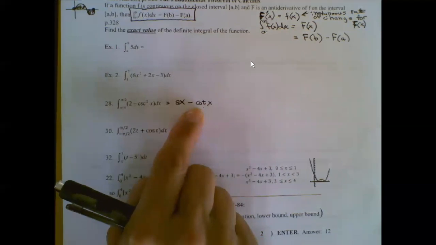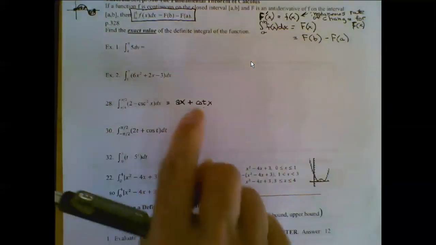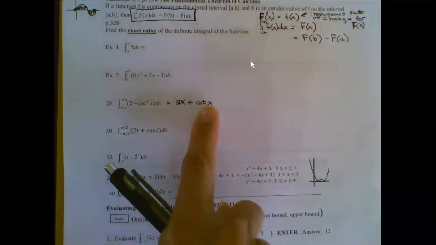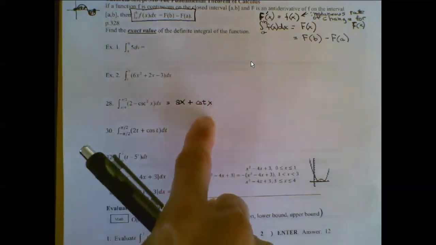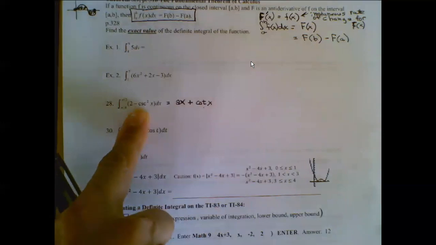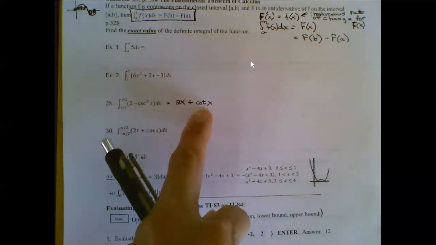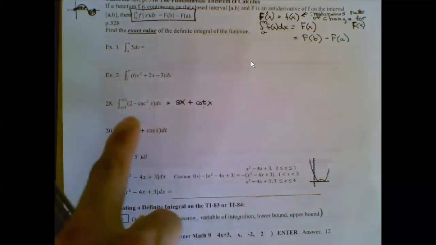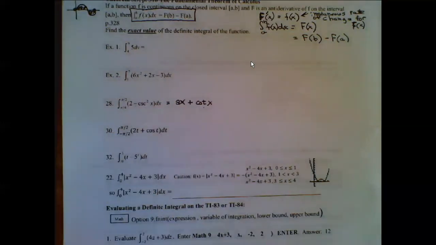We're just checking our answers, just like we did with factoring when we first learned it. That would have to be a positive cotangent x in order to differentiate and give us back negative cosecant squared, because the derivative of a positive cotangent is negative cosecant squared.